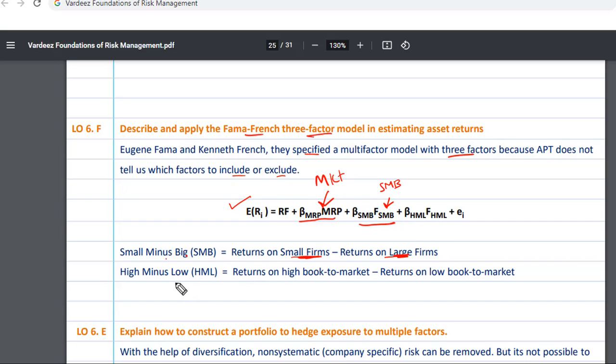Now HML is high minus low, that is, returns on high book to market companies minus the returns on low book to market companies. So HML becomes the third factor, and whatever return is not captured by all these factors, we have the error or the company specific risk. So these three factors are what have been specified by Fama and French.